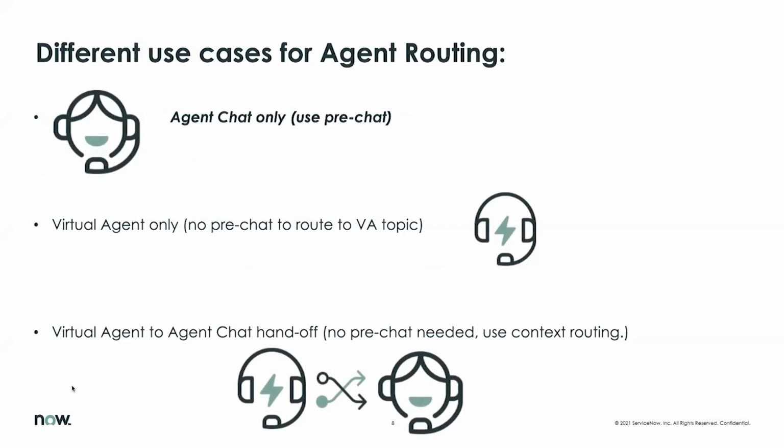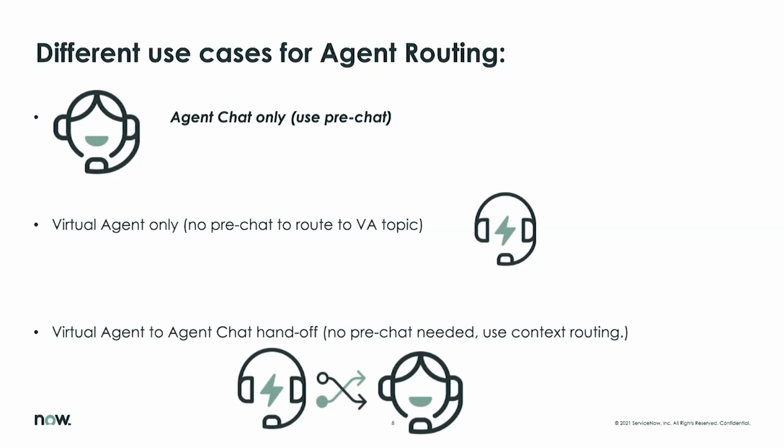So there are different use cases for agent routing. One is directly using an agent chat with a pre-chat survey: an end user answers the pre-chat survey, and based on the answered questions, it's assigned to the agent. The second use case is through the virtual agent only.